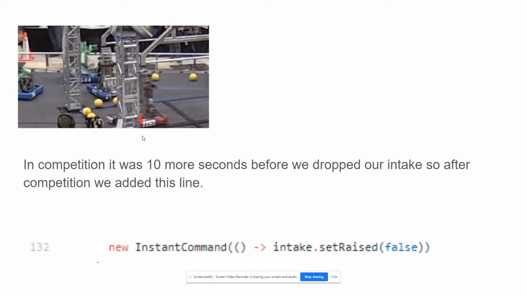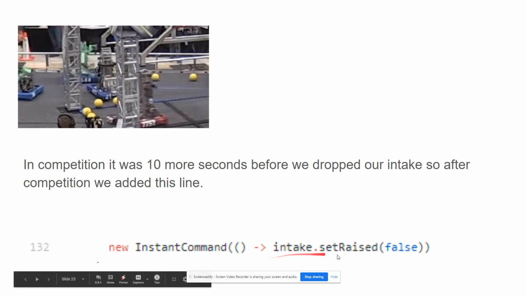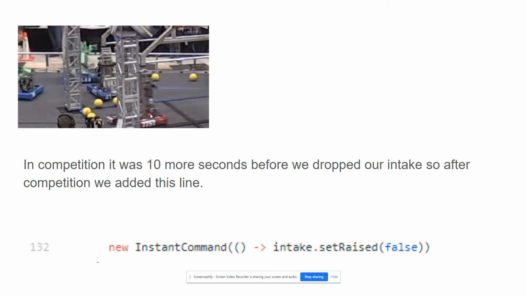Let's add that in the autonomous mode so that we're ready to go. So we added a command that would set raised for the intake to false, which means that it drops down, it's pneumatic controlled, and it would be able to suck in the ball. And by shaving time off, our goal was to be able to have the driver ready to pick up balls faster so that we can get more points.